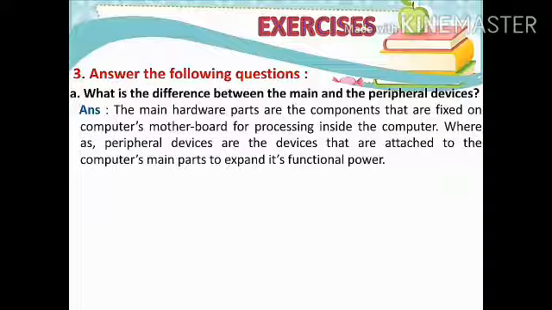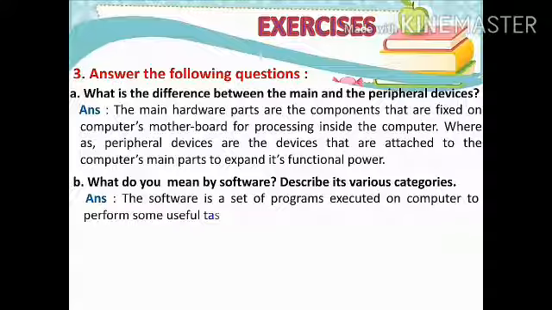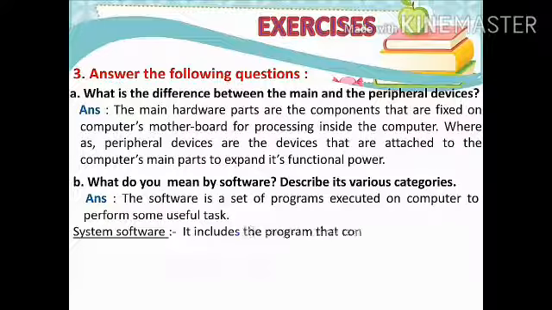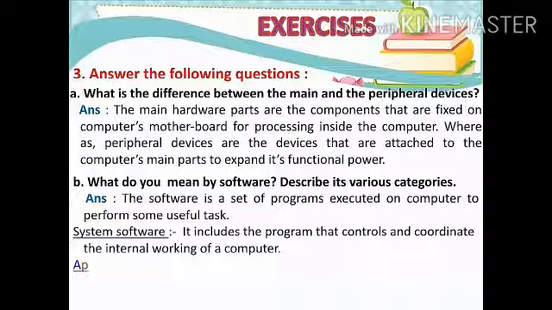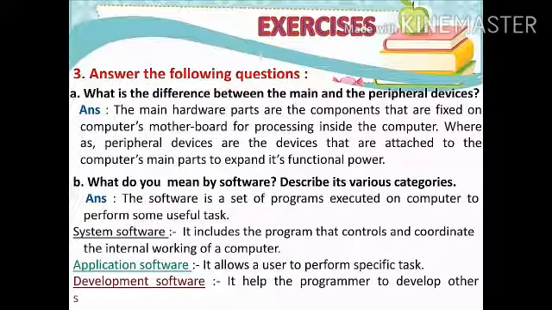Okay, now second question is, what do you mean by software? Describe its various categories. The answer is, software is a set of programs executed on a computer to perform some useful task. And we studied various categories of software.